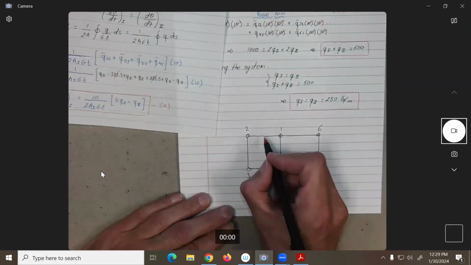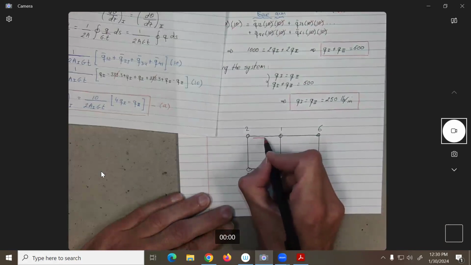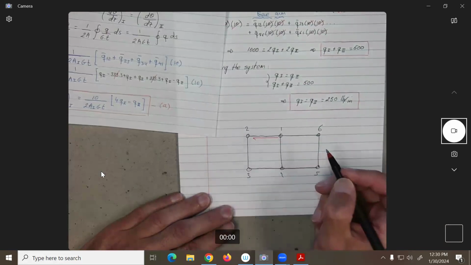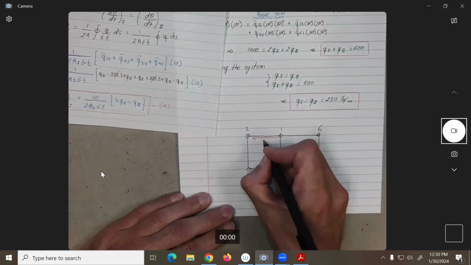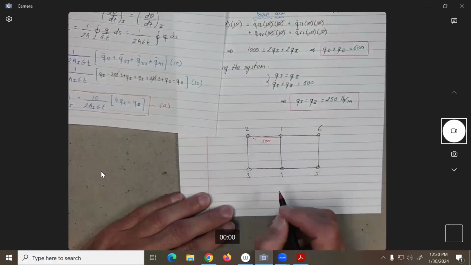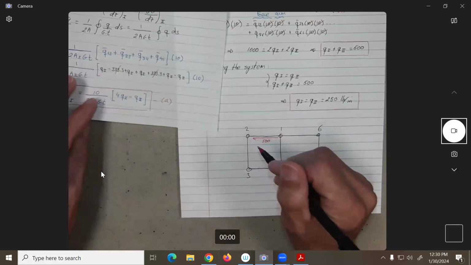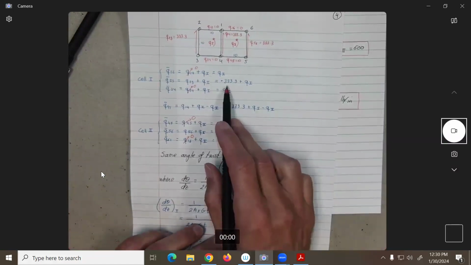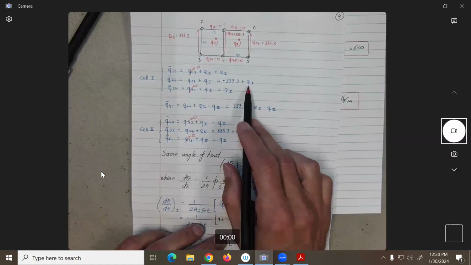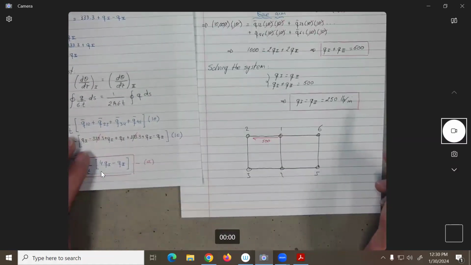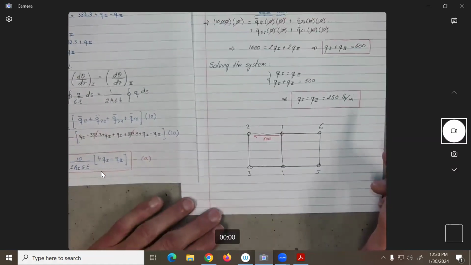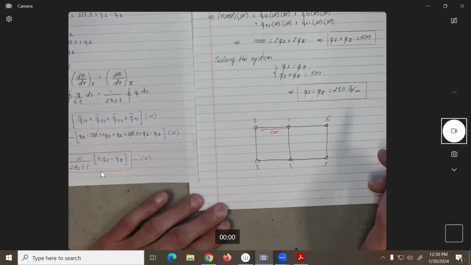What should be this one over here? This should be equal to Q1, no? Which would be what? 500. Now, what should be this one? Q bar 23 will be equal to minus 233 plus Q1, no? Yeah, so that will give us what?